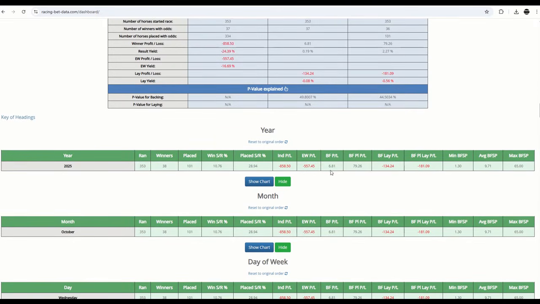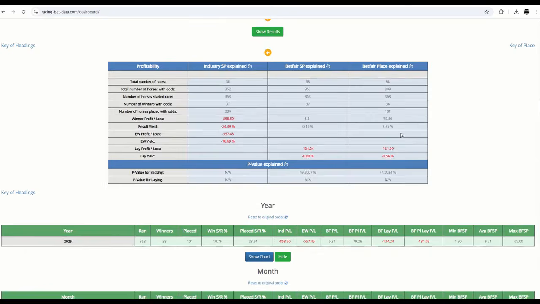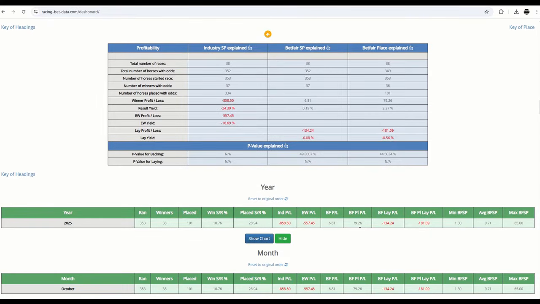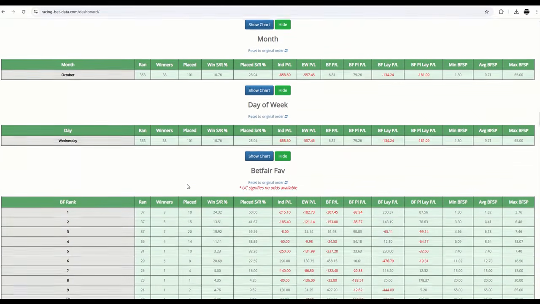So you can see that that figure is consistent in these tables below. There may be a couple of examples where there's a rounding issue and a couple of pence difference, but usually those will all match up exactly the same. For the place market, if you backed every horse to place, you would have earned around 8 points profit yesterday. So yeah, simply year, month, day, all pretty self-explanatory.